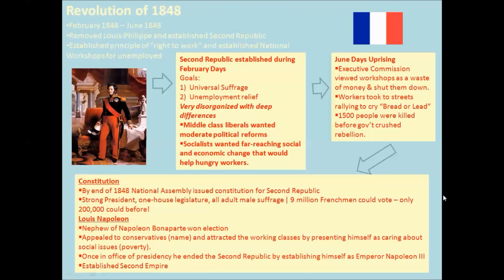So Louis Philippe rules. When he comes to power, he promises a constitutional monarchy. But for whatever reason, power corrupts completely, and you always get this return to these leaders trying to be divine right kings and trying to do whatever they want without giving any rights to the people.